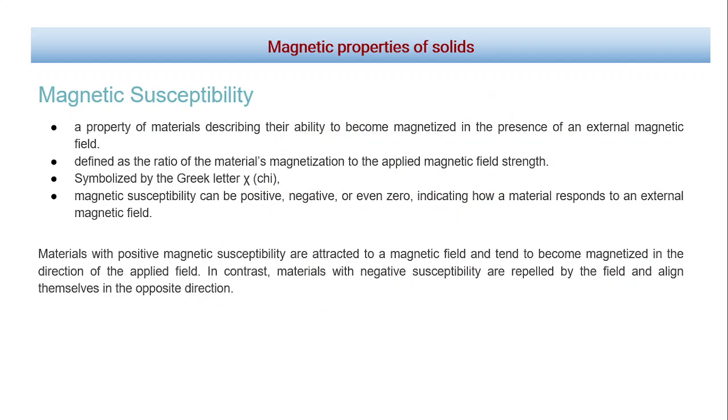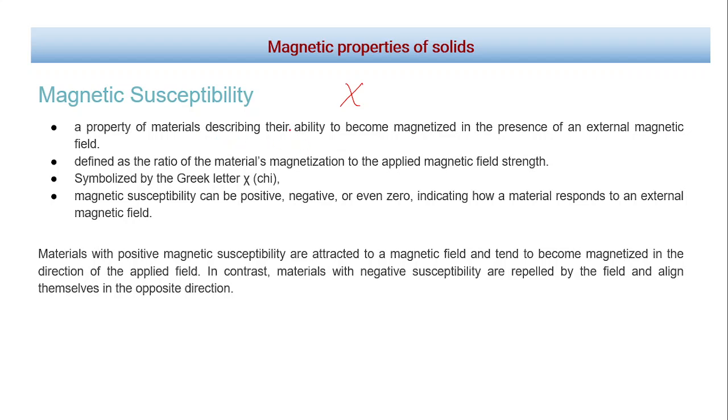Next is magnetic susceptibility. We usually represent it using the Greek letter chi. Magnetic susceptibility is also a property of materials, describing their ability to become magnetized in the presence of an external magnetic field.